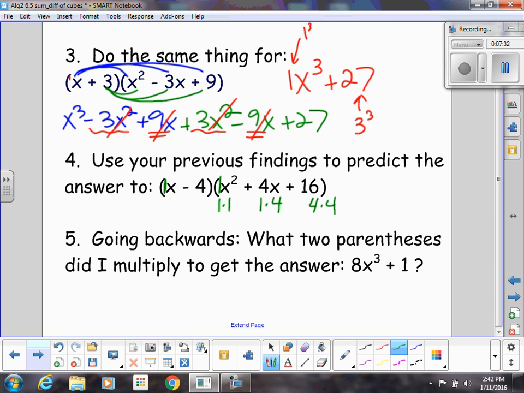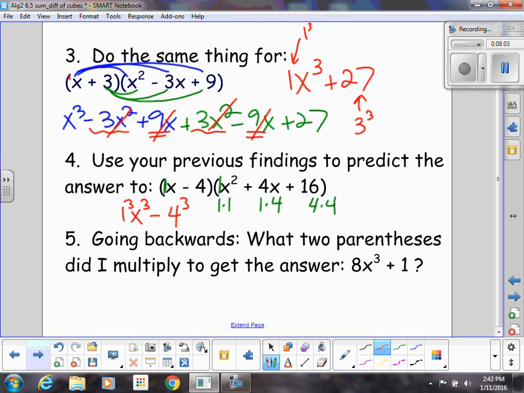So if I had to guess what my answer would be when I multiply these out, my final answer would be 1 cubed x to the 3rd power, and then I would have a minus 4 cubed. Okay, so what would that be? 4 cubed would be, let's see, 40 plus 24, so that would be 64.